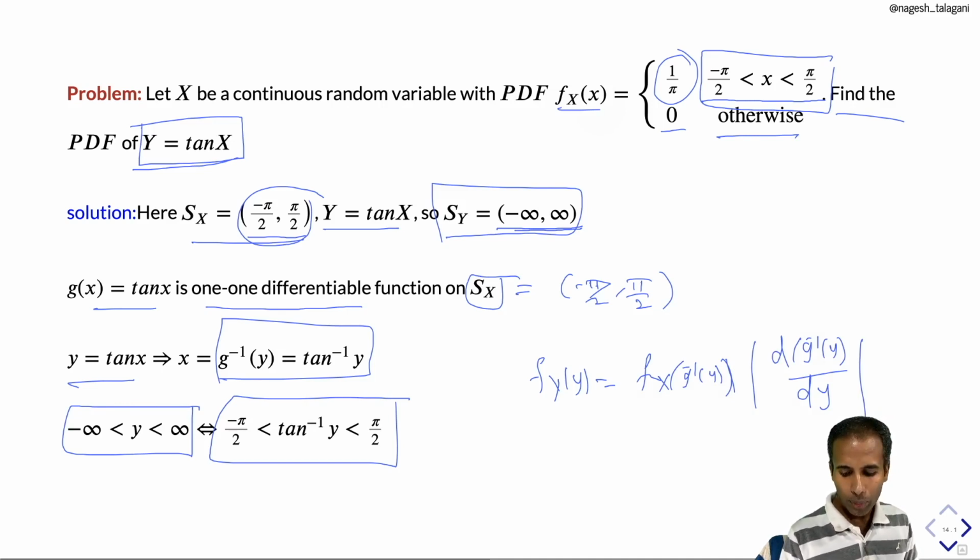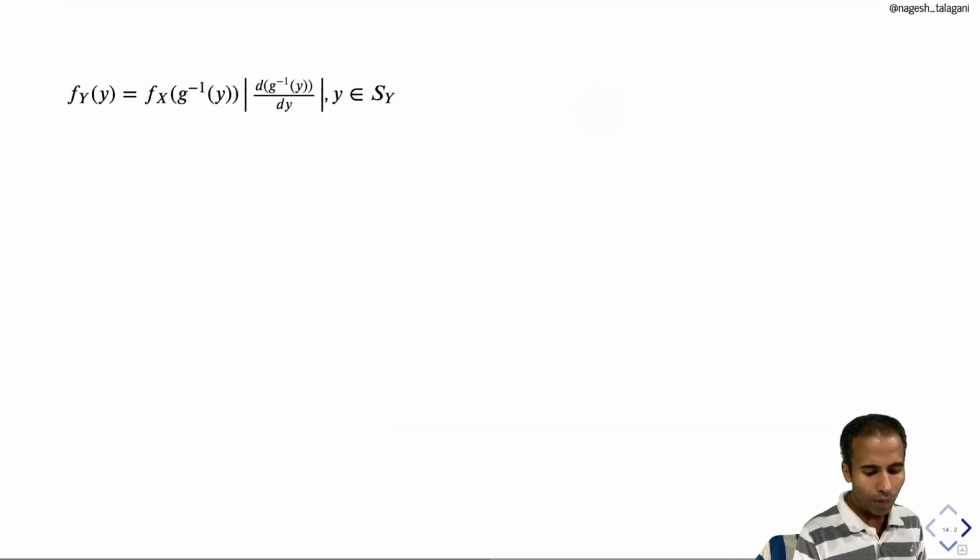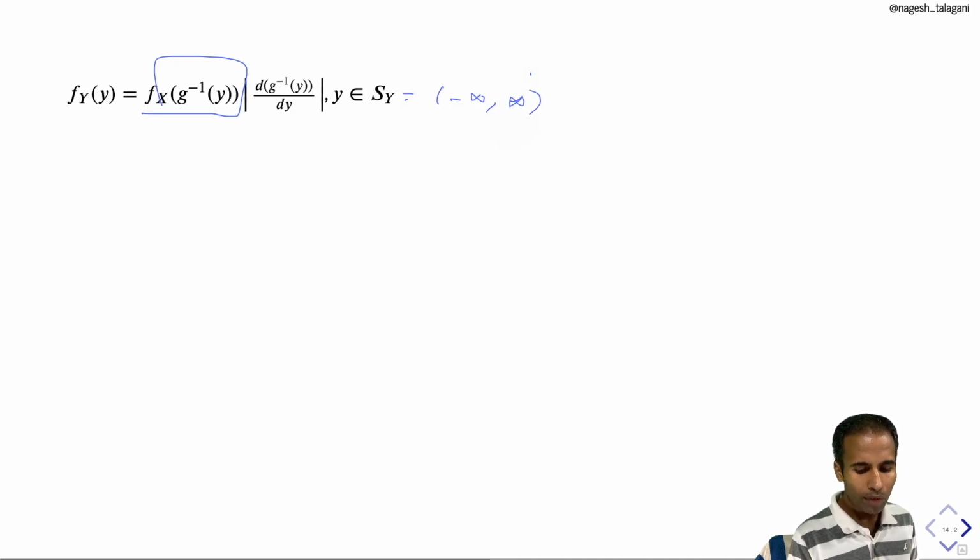So f_Y(y) equals f_X(g inverse y) times the modulus of the Jacobian, the derivative of g inverse y by dy. But here the support of Y is minus infinity to infinity. So as y comes from minus infinity to infinity, g inverse y, which is tan inverse y, comes from minus pi by 2 to pi by 2. So the PDF value is going to be 1 by pi here.